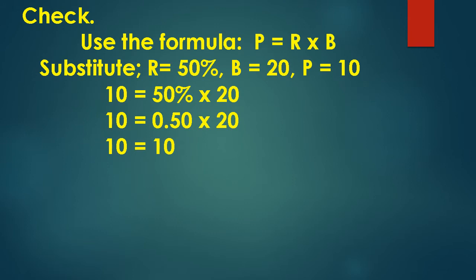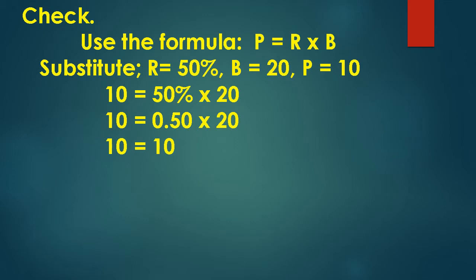Check. So we are going to use the formula P is equal to R times B. And then we are going to substitute the value of R or the rate 50%, the value of B or the base 20, and P or the percentage is equal to 10.